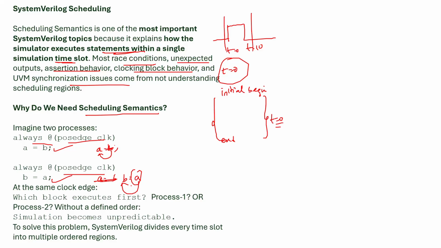But on the same clock edge, the simulator will see the previous value only. Suppose A equal to 5 and B equal to 2. If A equal to B, the B value will be 2, right? This 2 value will be assigned to A. Then A equal to 2 and B is also equal to 2.